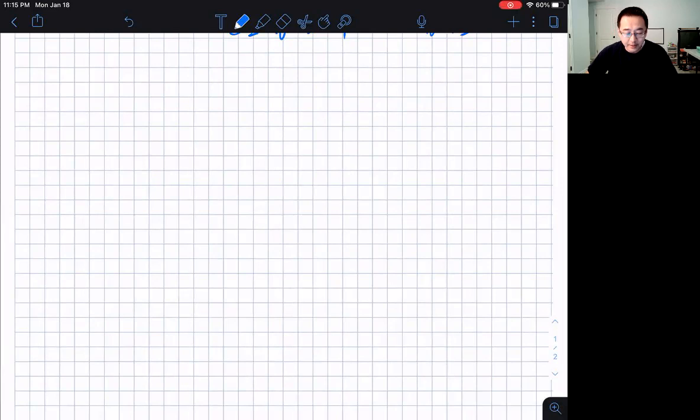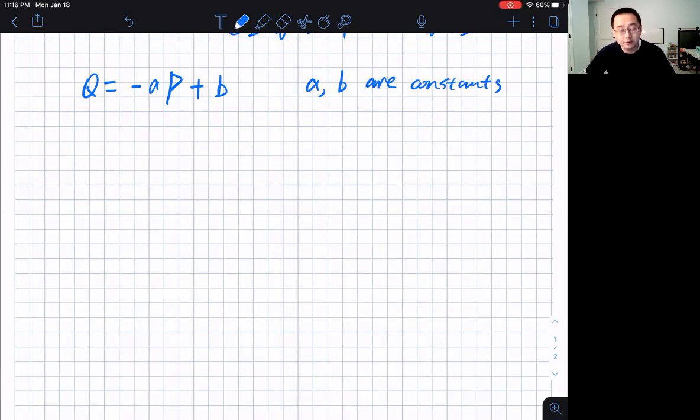Your demand function is usually quantity equals negative a times p plus b, where a and b are constants and also positive, because there's a negative sign. This tells you that you have two variables, q, quantity, and p, price. And the relationship between these two is represented by this equation with two variables.